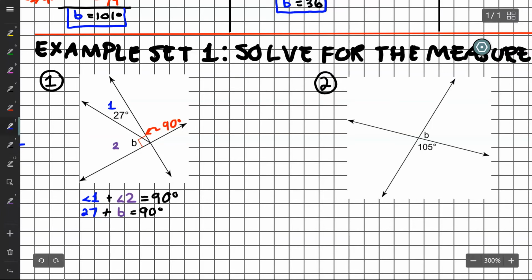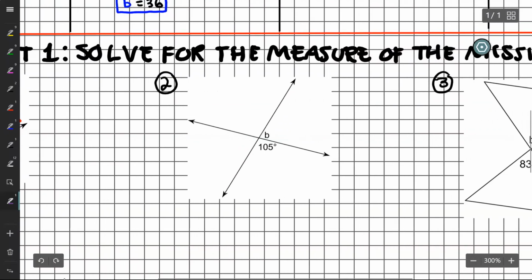So now I have to solve for B. And to do that, I'm going to subtract 27 from both sides to get B by itself. 90 minus 27 is 53 equals B, and there is my answer. So B equals 53 degrees.